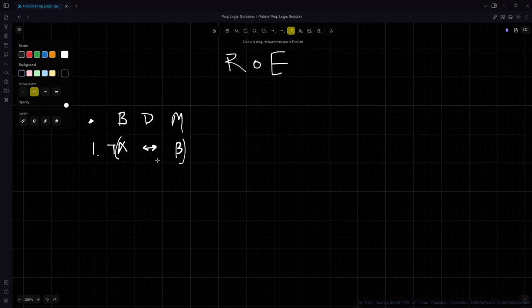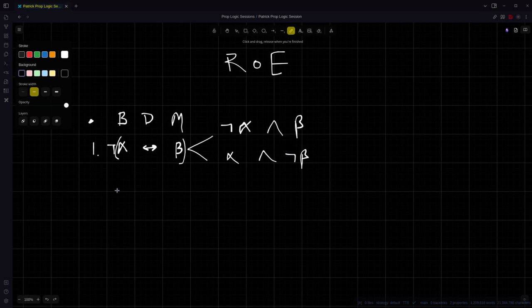Now, for a biconditional to be false, there are 2 ways, right? The first one can be false and the second one can be true, or the first one can be true and the second one can be false, right?